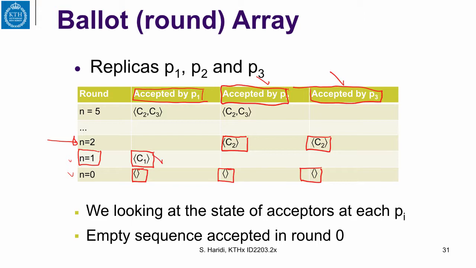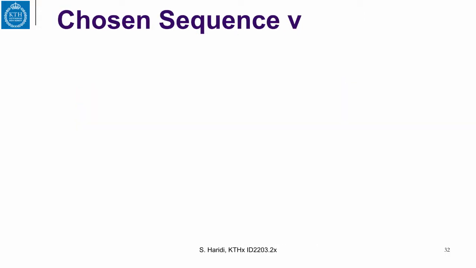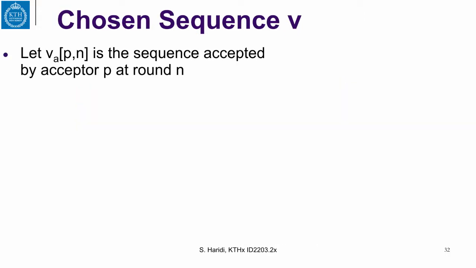So we are looking at the state of the acceptors, as you can see. Now we will introduce a concept which is very simple. It is the concept of a majority that have accepted a sequence. So the concept we are going to discuss now is what we call a chosen sequence. So let us try to define the notion of a chosen sequence properly.